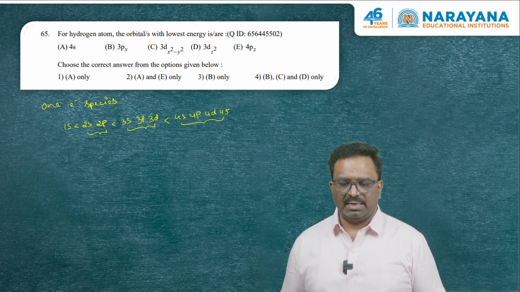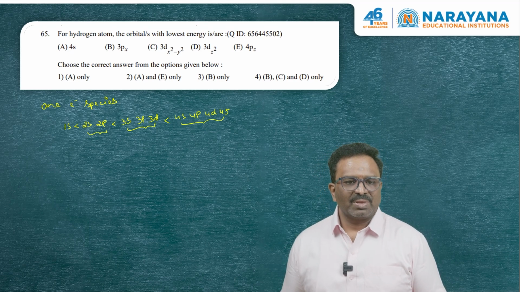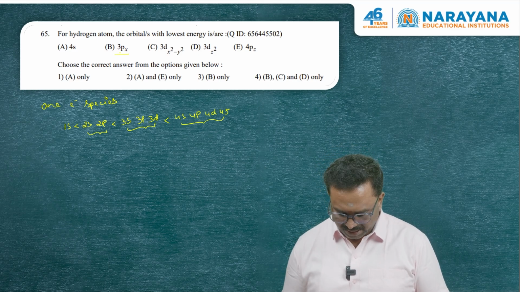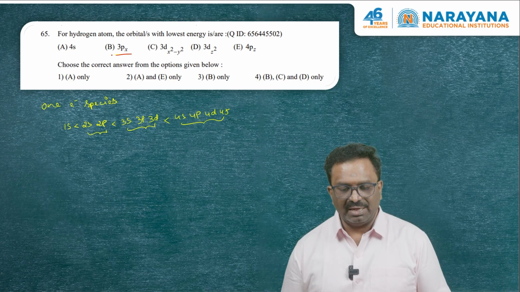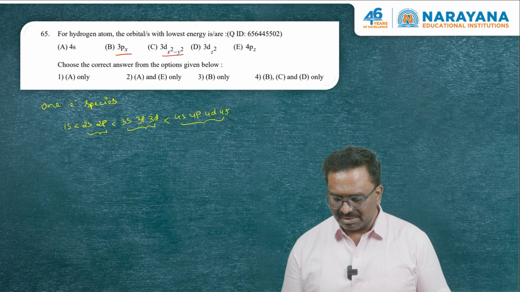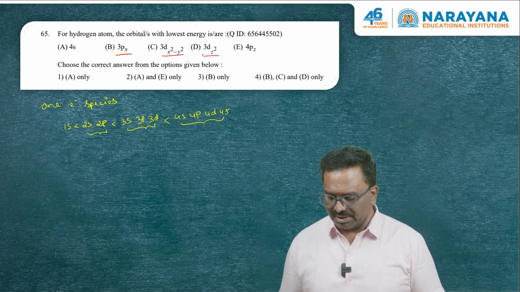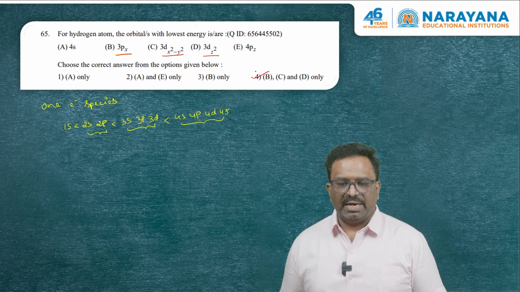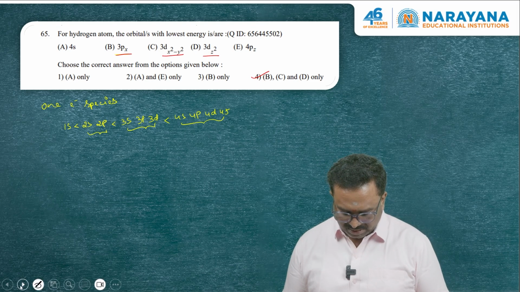We have to validate here Bohr's model for the uni-electronic species. So the lowest energy among those is 3p and also 3d. These have relatively lowest energy. So the more accurate answer is the fourth option. Now let us proceed to the next one.